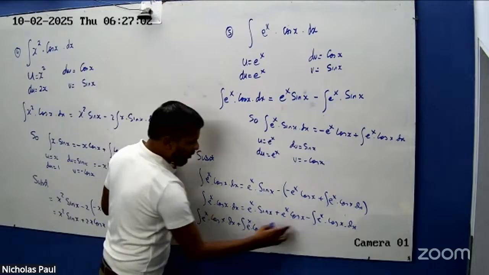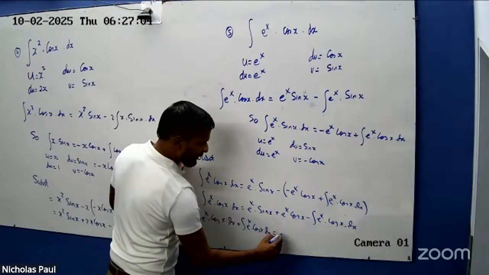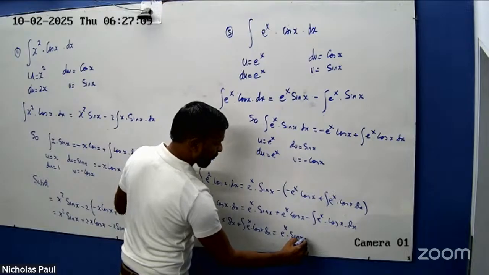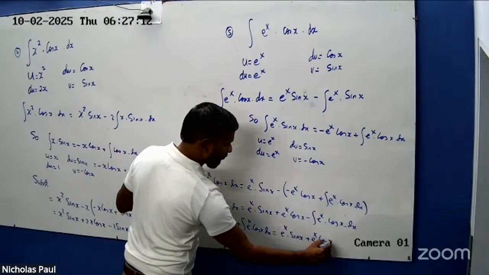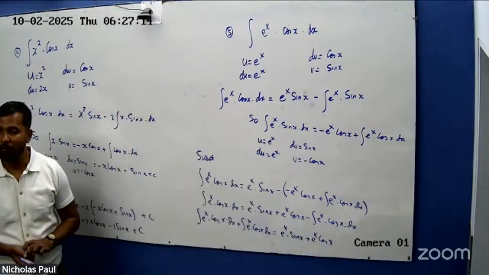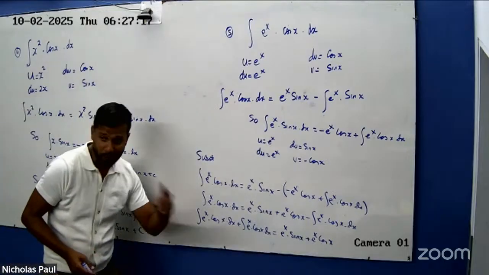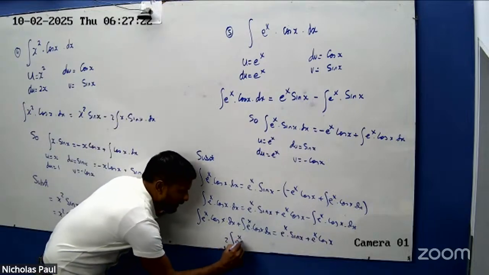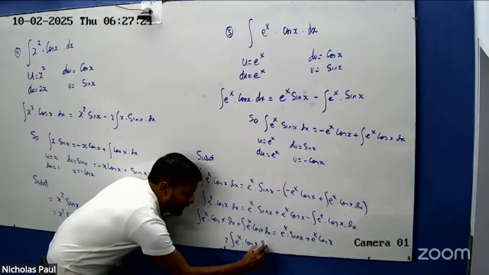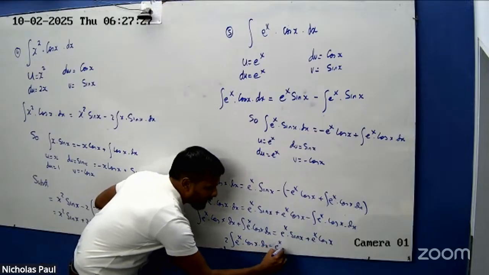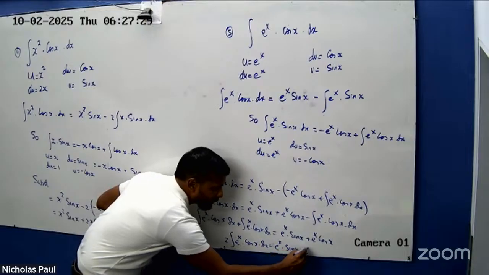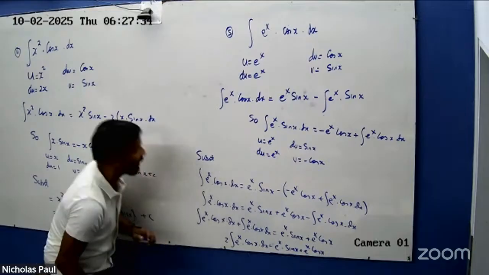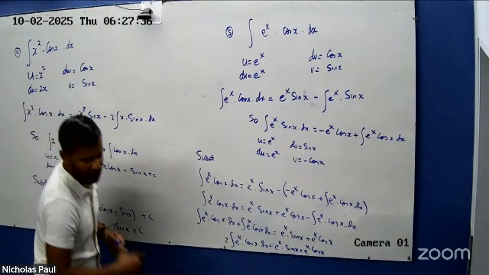So when you move it across here, you'll end up with this plus this. What will you do now? Add it up, right? And you'll get 2 times the integral of e to the x cos x dx is e to the x sine x plus e to the x cos x. I don't have much space, so I'm just going to divide everything by 2 and be done.